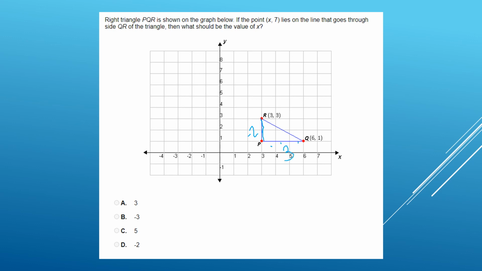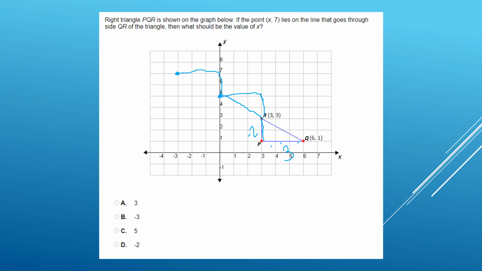So the slope is -2/3. So I'm going to start from R, and I'm going to keep going to the left. So I'm going to go up 2 and to the left 3, because that still keeps my slope negative. And then I'm going to do the same thing again. 2, 3.